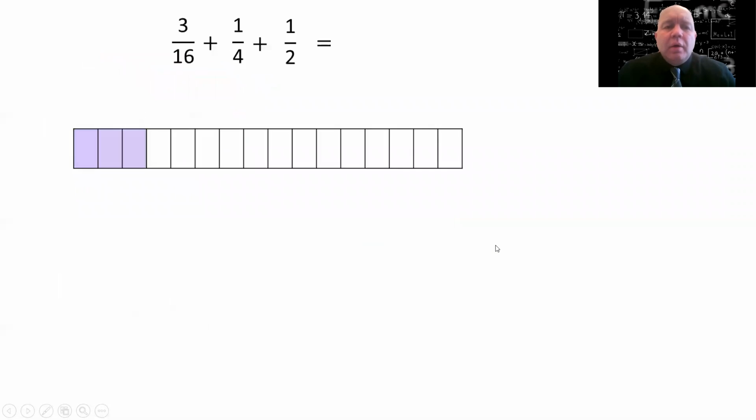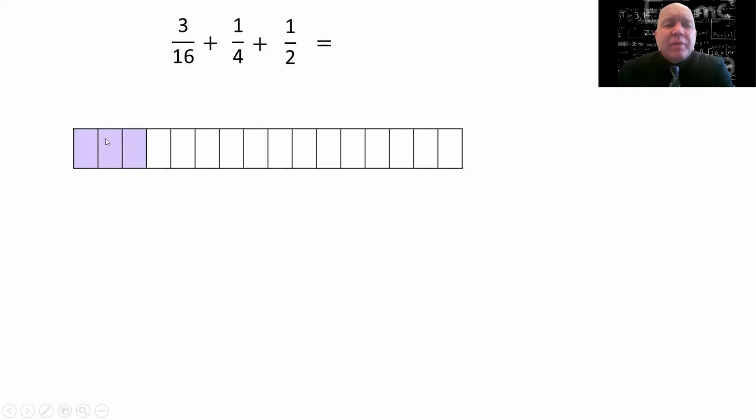Okay, right, here we go. 3 fractions, each of them with different denominators, which means at the moment, we can't add them together. We need to turn them into the same denominator. We need to create common denominators. Here, I am going to suggest 16.